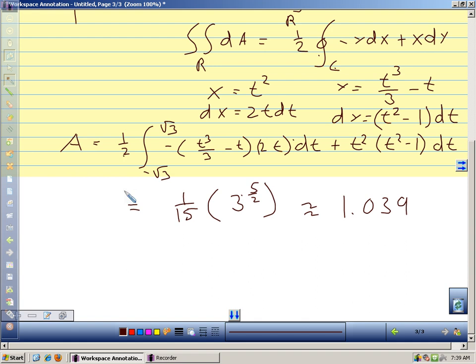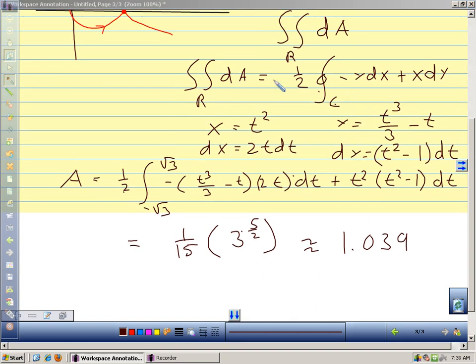Questions on that? So when a problem asks you to use a line integral to find the area, they're asking you to apply this form of Green's theorem. All right?